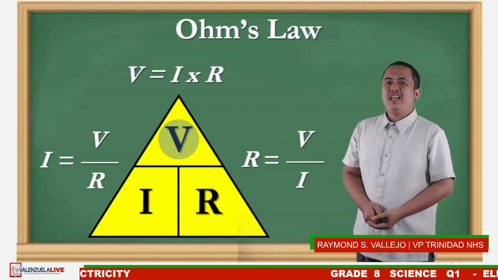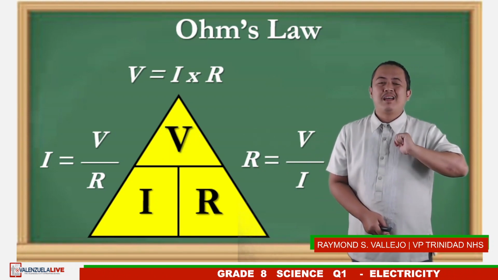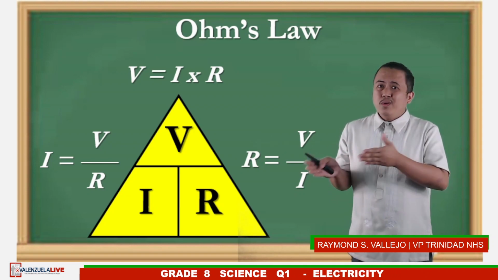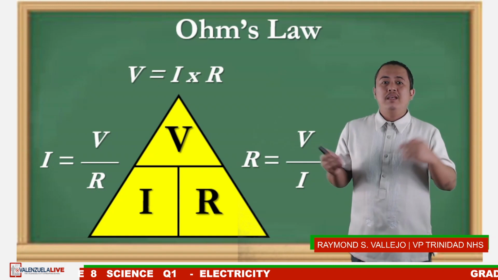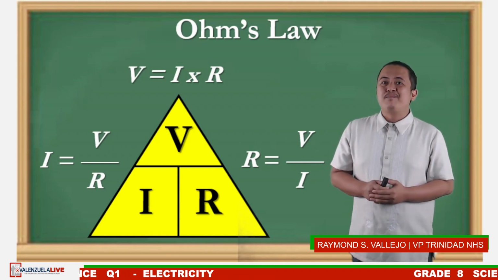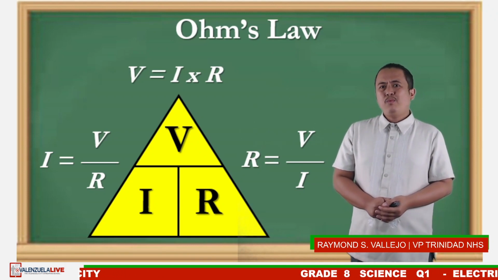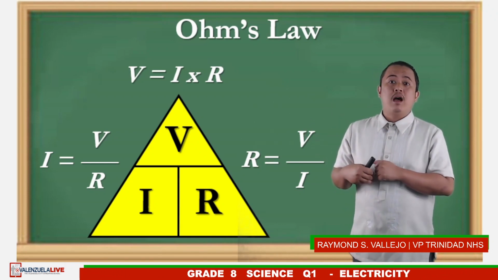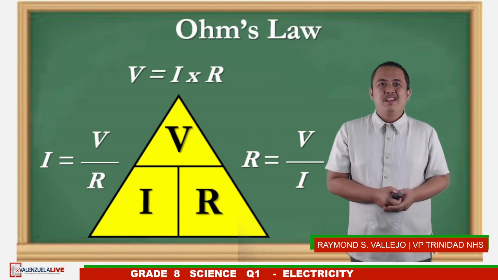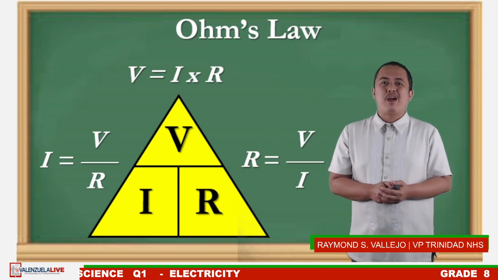Now, as seen on the board, there are three formulas related to Ohm's law. Use any of the three formulas depending on the missing quantity of a specific word problem. What we are going to do next is to solve a given problem set for today's session. So we shall follow the basic procedures in solving these problems.